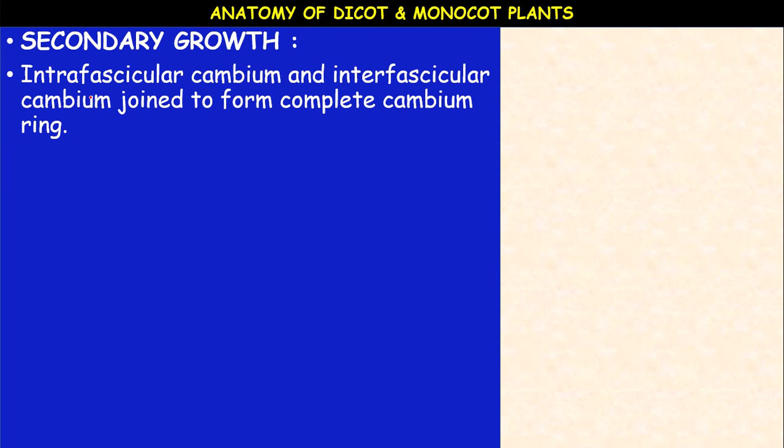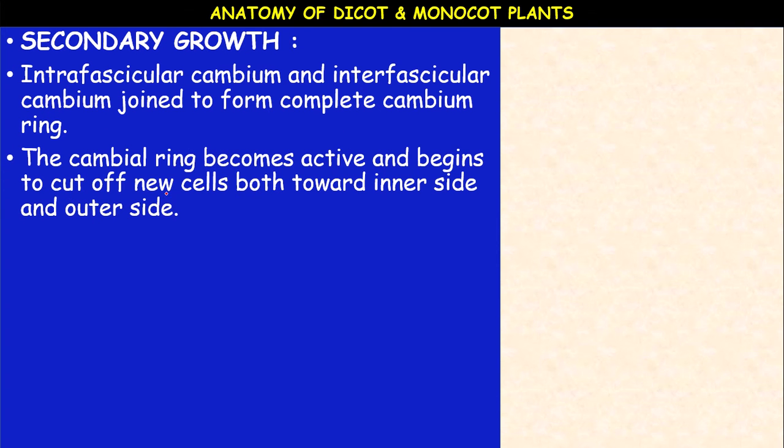Next, the intrafascicular cambium and interfascicular cambium join to form a complete cambium ring. The cambial ring becomes active and begins to cut off new cells toward both the inner side and the outer side.